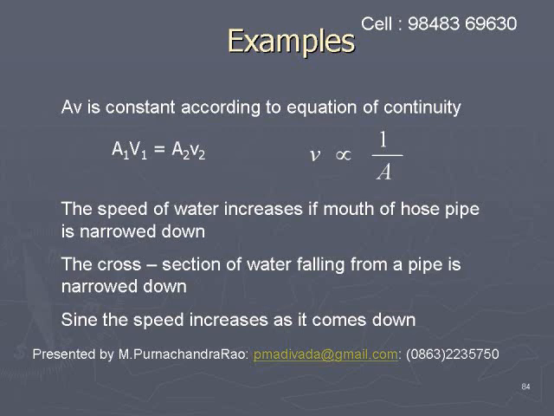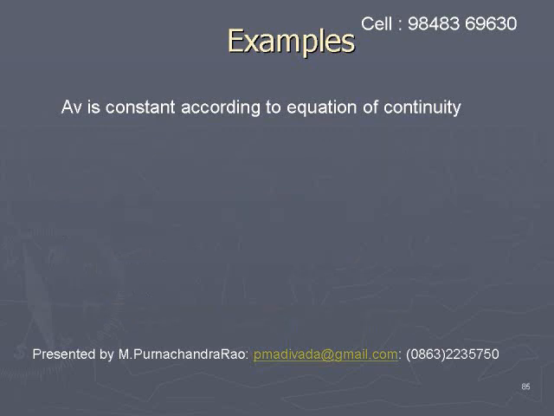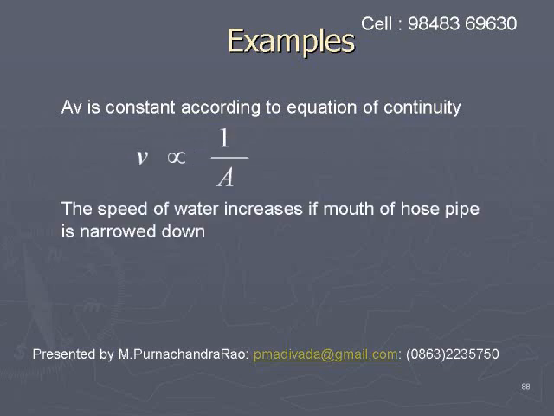We can explain some natural phenomena with the flux rate being constant. A1 v1 is equal to A2 v2. It represents that the flux rate is constant, or velocity times area of cross section, vA, is constant. From this we get v is proportional to 1 by A, or A is proportional to 1 by v. V is proportional to 1 by A can be used to explain the water flowing from a hose pipe.